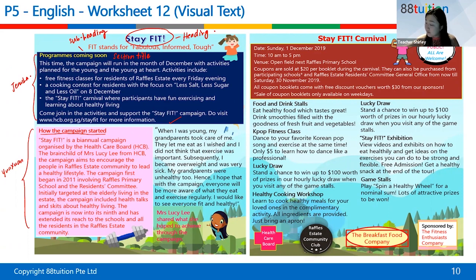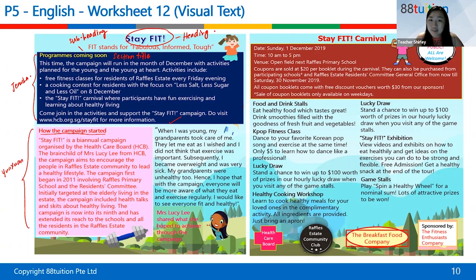The campaign is now into its and has extended its reach to the schools. Okay, I think Yunchen, you finished reading, is it?